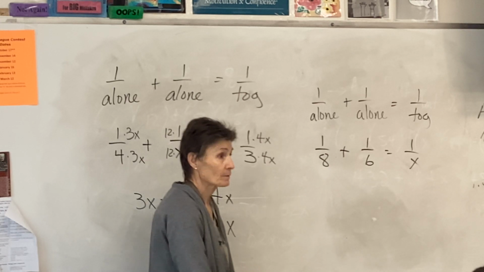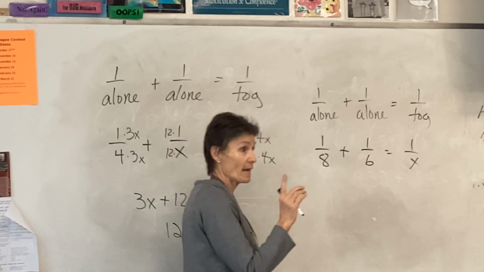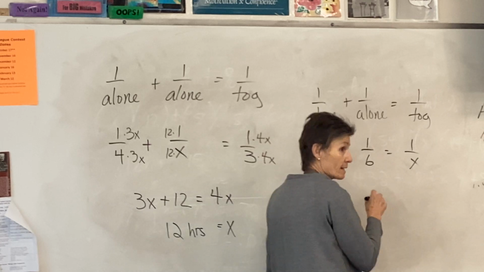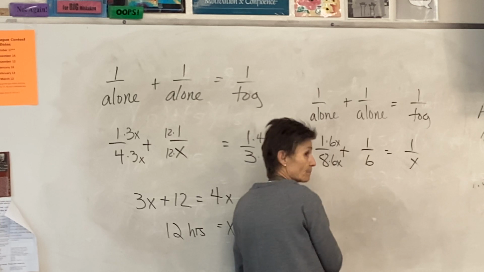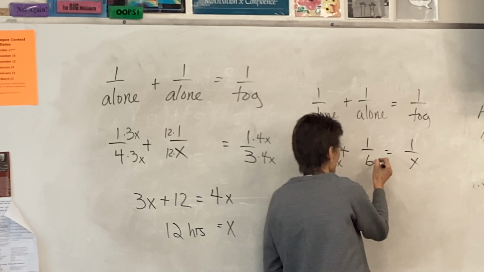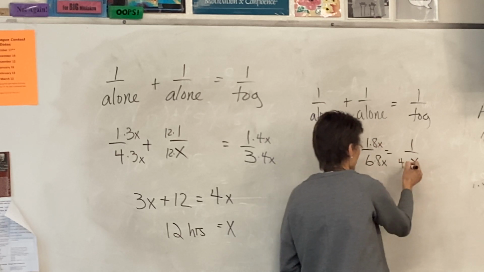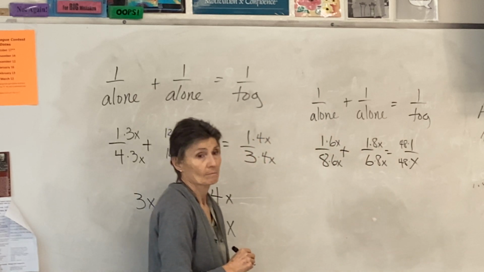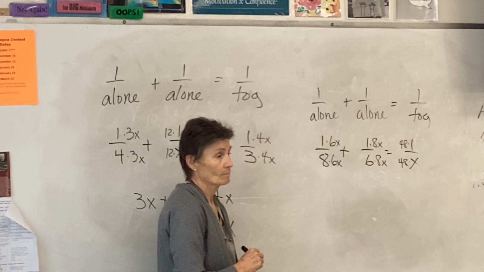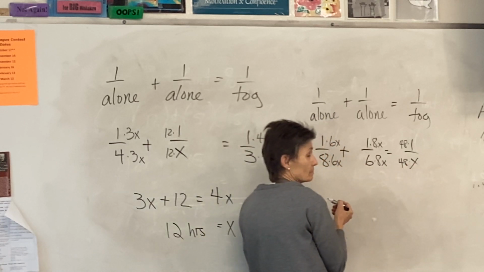So a common denominator, there are other common denominators, but a common denominator would be 48x. So this one has to be multiplied by 6x. This one by 8x. And this one by 48. All the denominators match. It's an equals.